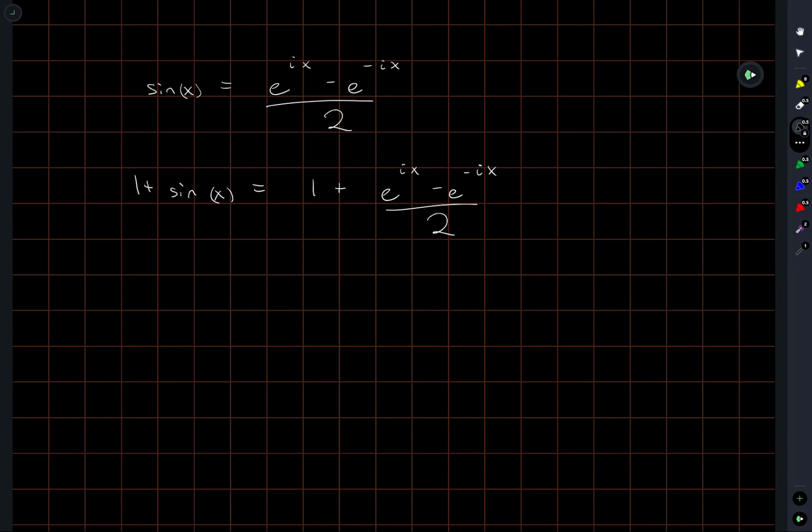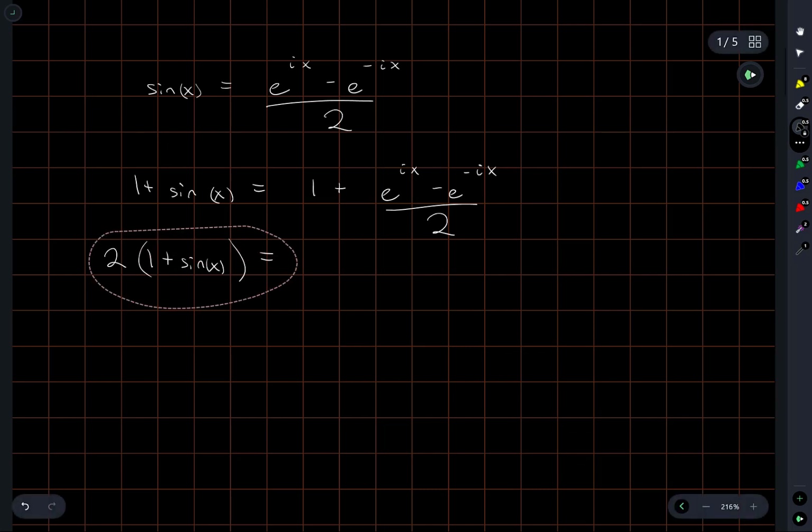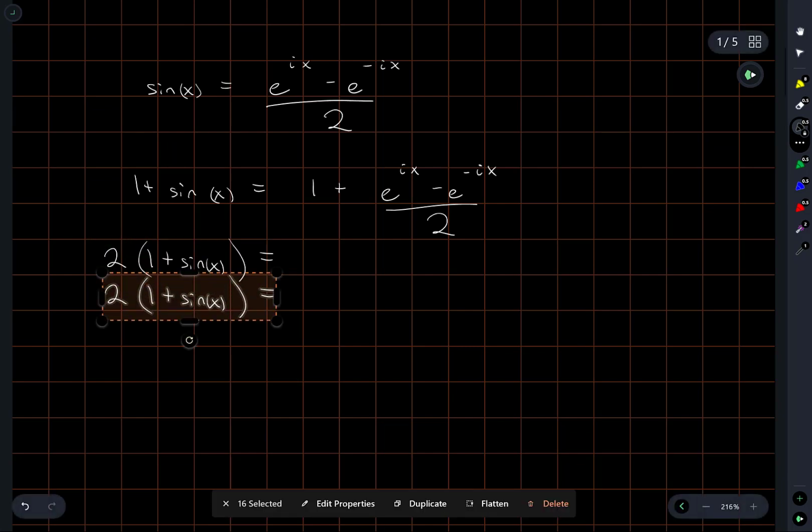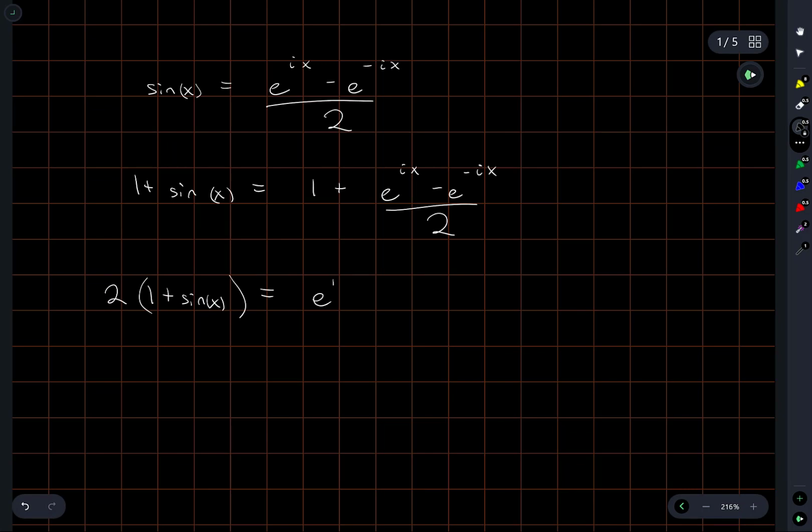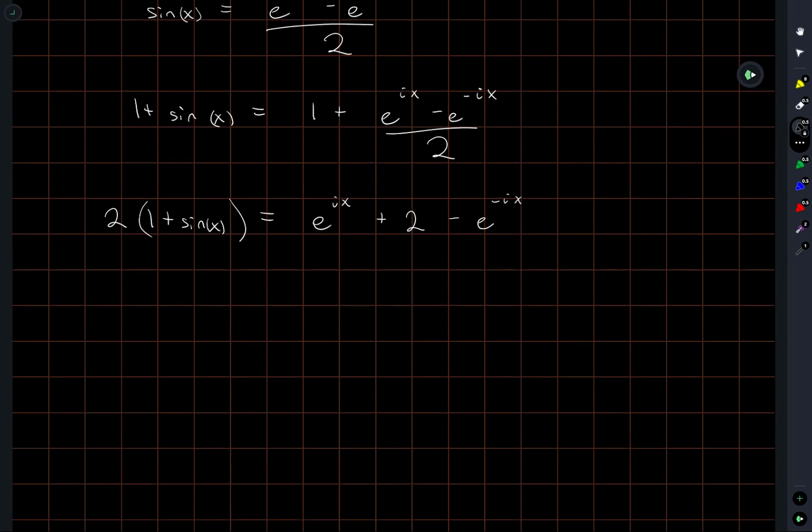I want to think about writing this as a difference of squares. Or not a difference of squares, but as... what do I mean? Okay, well let's just write this as e to the ix plus 2 minus e to the minus ix. Oh, this isn't going to quite work. If this were a plus sign, things might be looking up, but it's not.